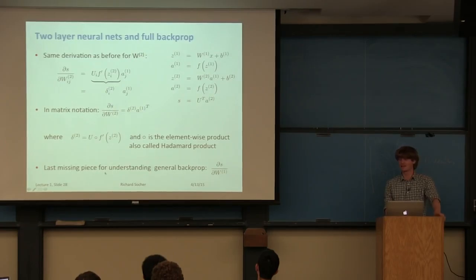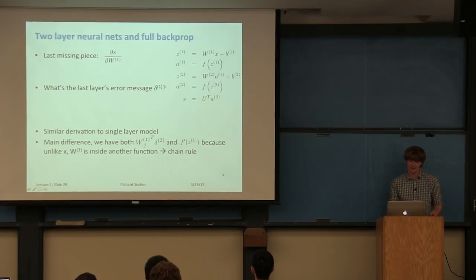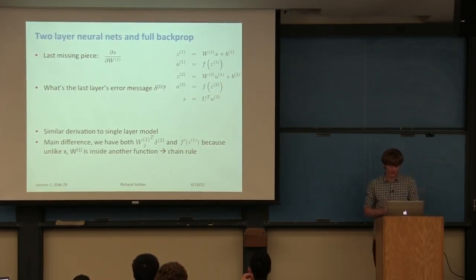All right, so now the last missing piece to really understand all of backpropagation is to take the derivative of s with respect to W1. And really, this is very similar to what we've done before, and it's getting more and more tedious to write out.